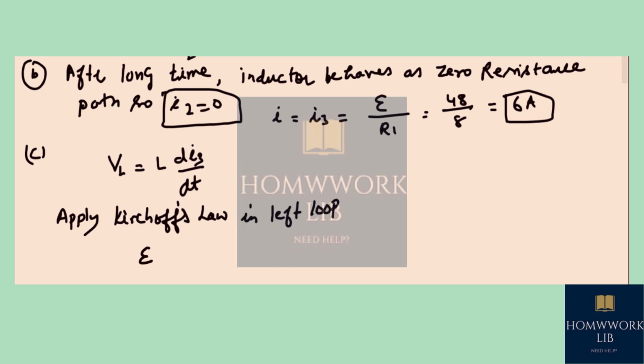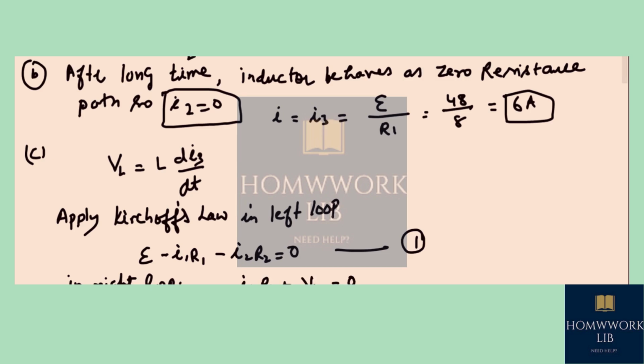we can write EMF minus I1 R1 minus I2 R2 is equal to 0, and in the right loop we can write minus I2 R2 plus the potential across the inductor to be 0.